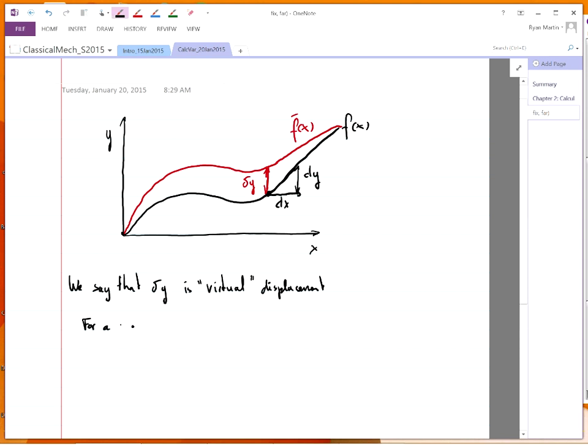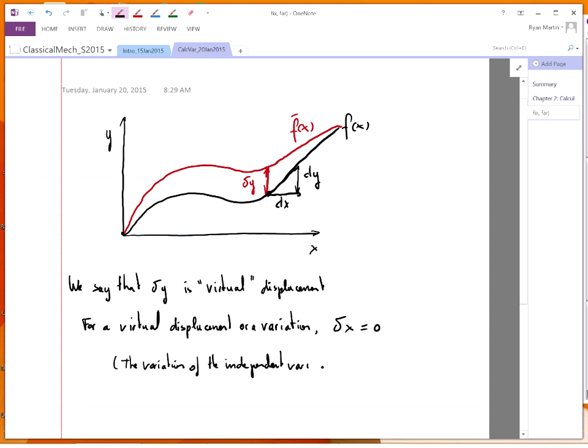For virtual displacement, or a variation, we always have that the variation of the independent variable is always equal to 0. Okay?